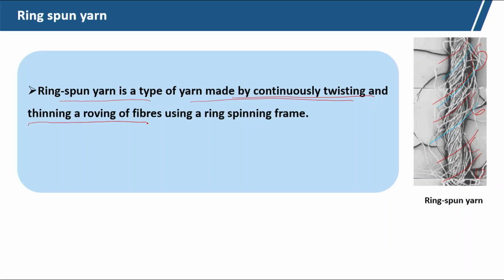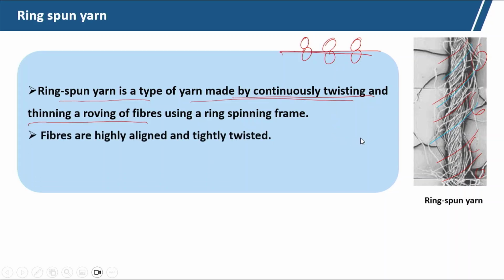Thinning means stretching: if you have a roving, with the help of the drafting roller it gets stretched to form the ring spun yarn. The fibers are highly aligned and tightly twisted, so most of the fibers are aligned together, providing better strength and uniformity.